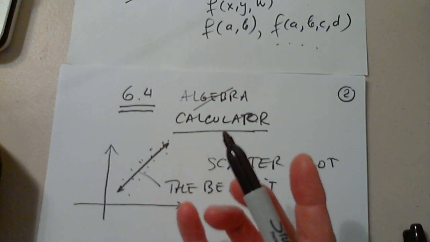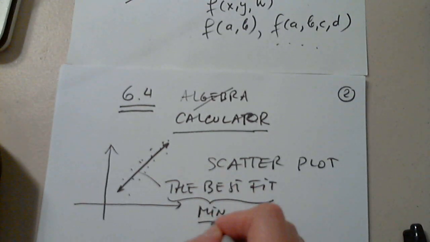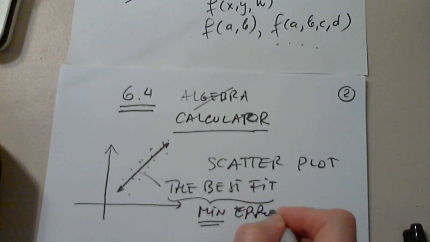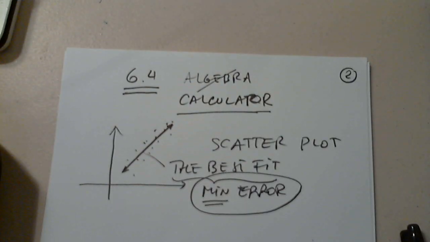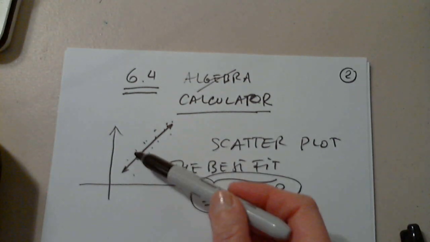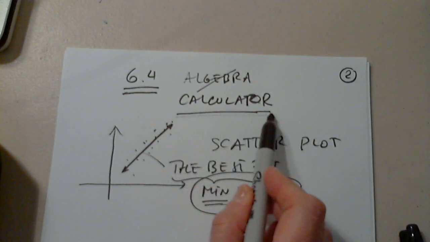So what does this have to do with calculus? Because the line of best fit has a minimum error. Whenever we use the words min or max, we immediately think of calculus. So that's what it is. We're not going to look at the mechanism behind how this line is determined. We're going to go directly and use the calculator.